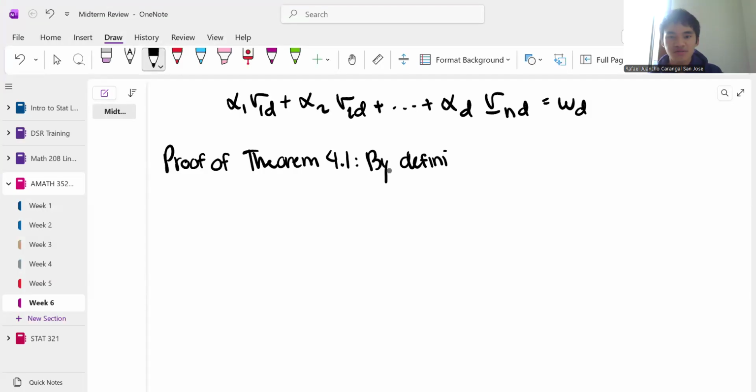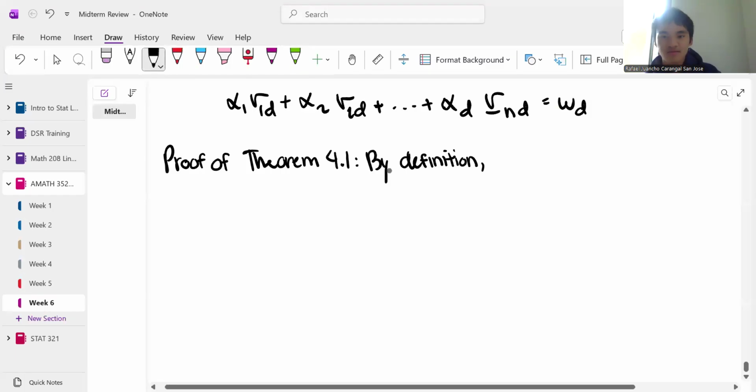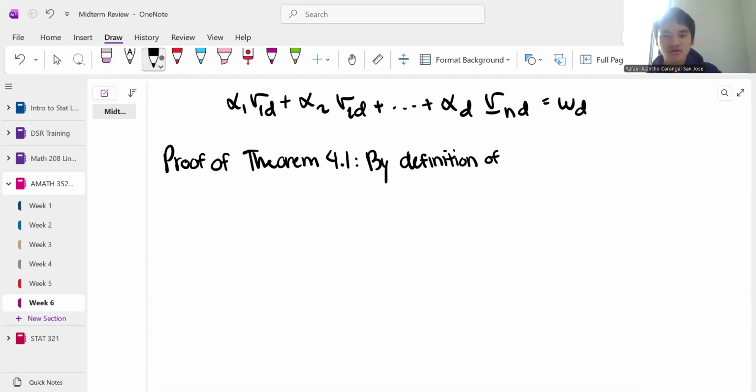So by definition of a basis, we already know that any W in the subspace V can be written as a linear combination of the basis vectors. By definition of the basis, we actually did this two times.